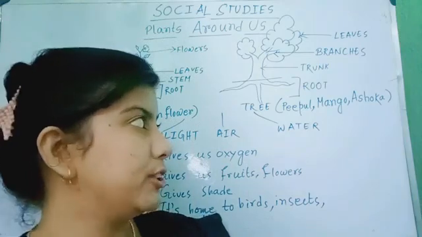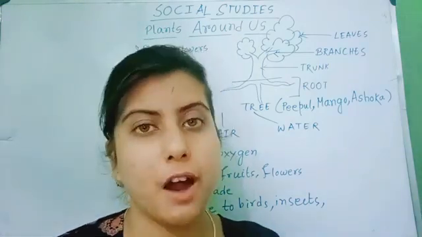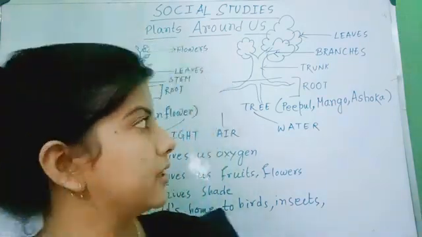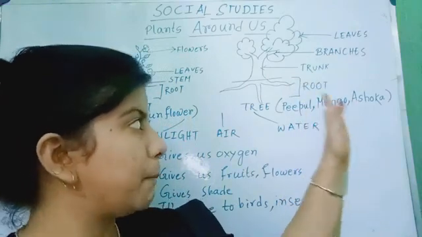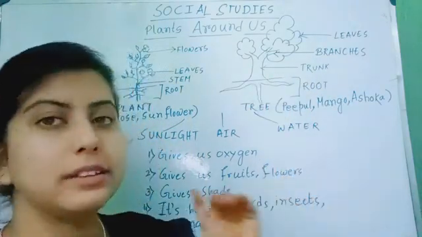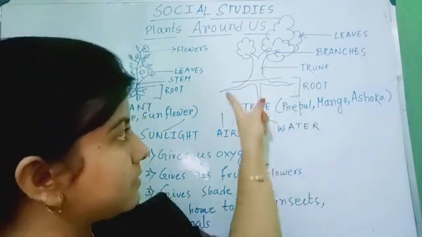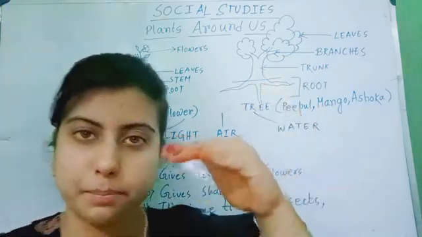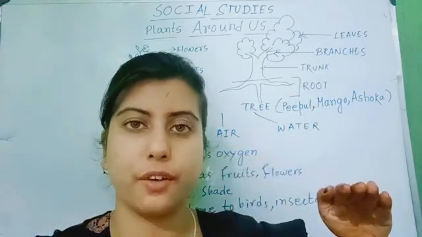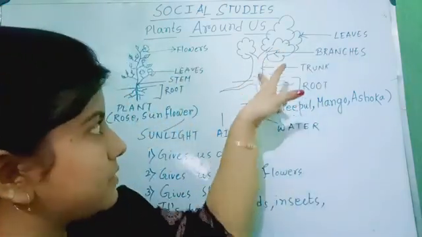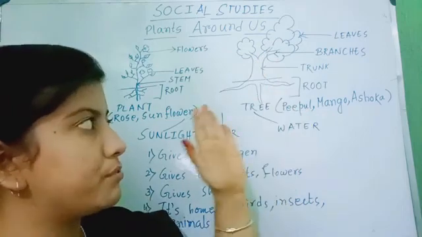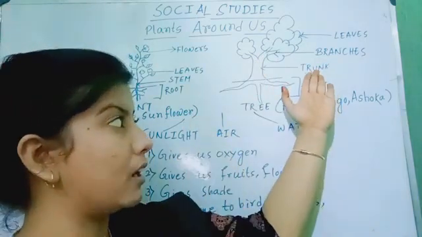Now we will look at the different parts of tree. As usual, the part that is below the level of soil is called root. This is the root. This is behind the layer of soil. Now this is the strong part of the tree that is called the trunk.